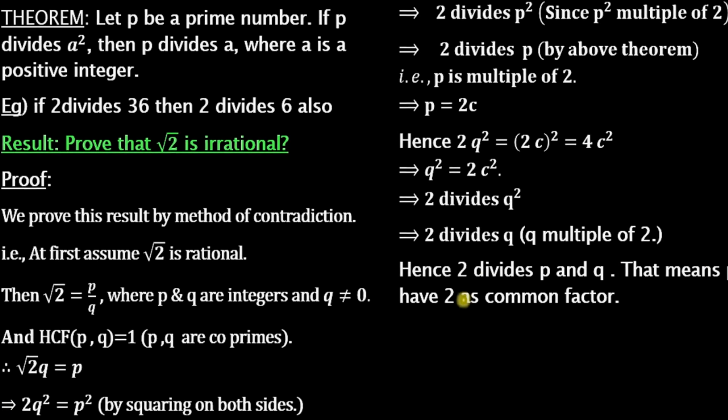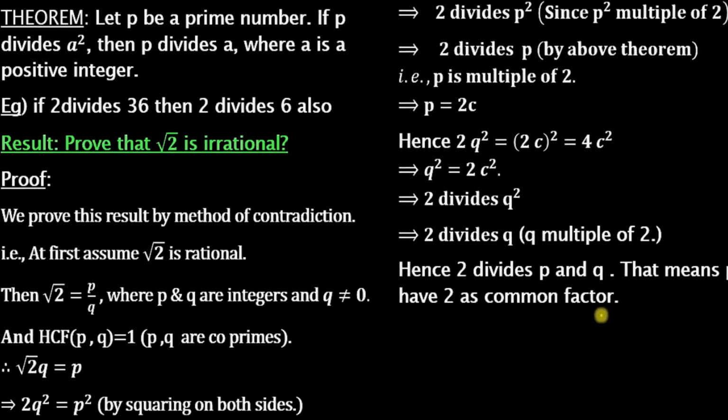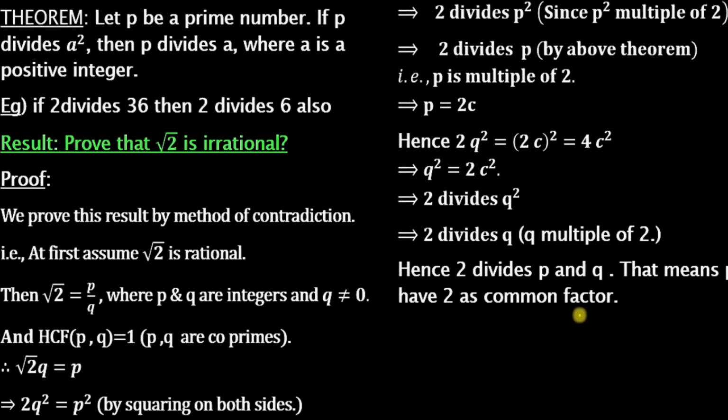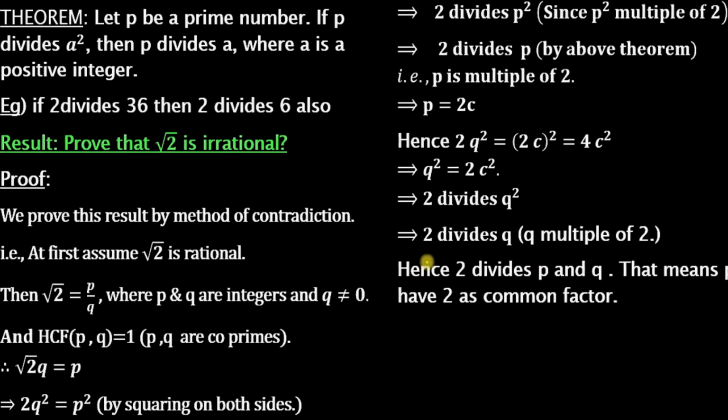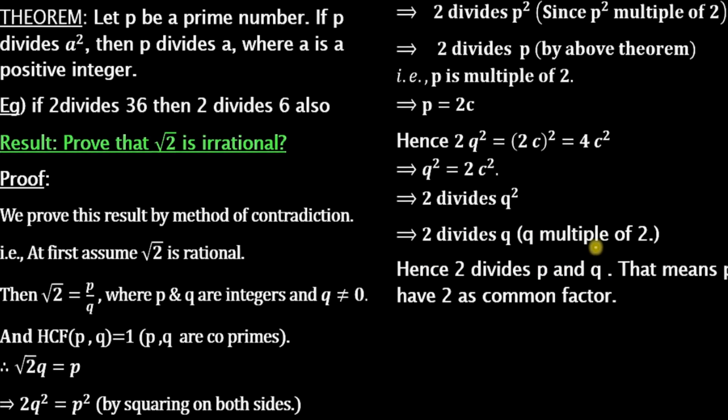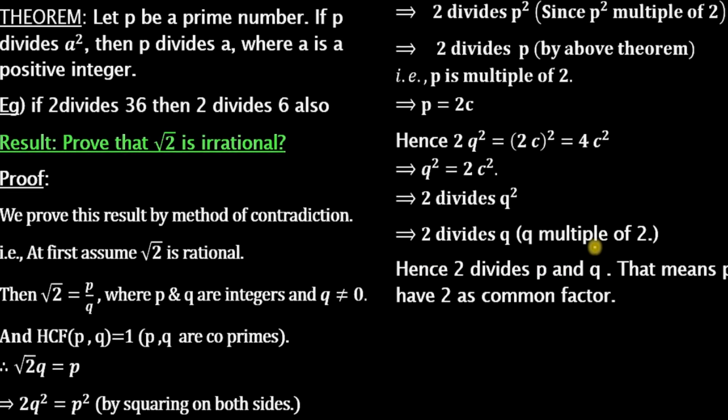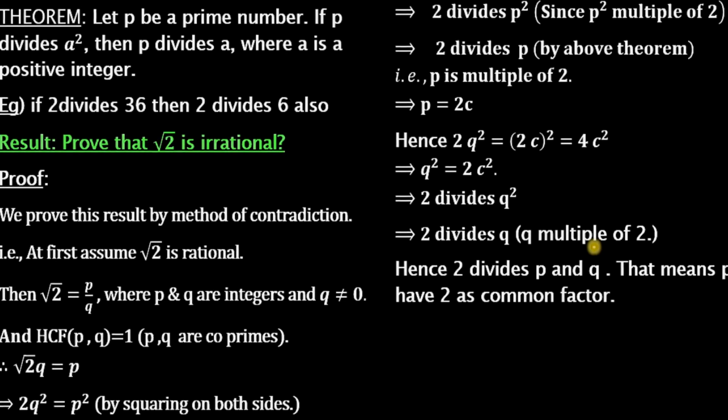That is, if 2 divides 6 and 2 divides 24, then 6 and 24 have a common factor 2.